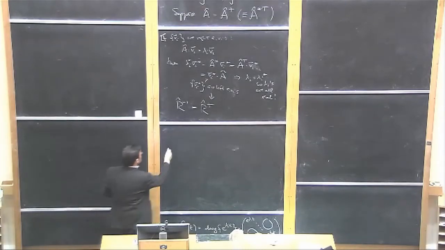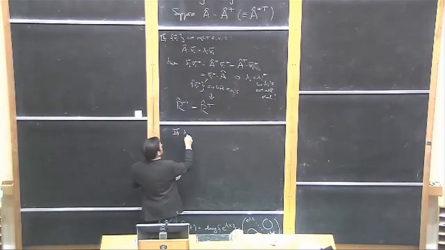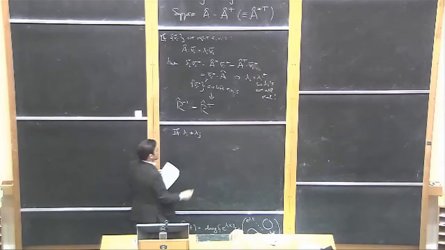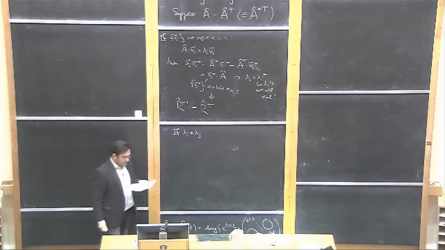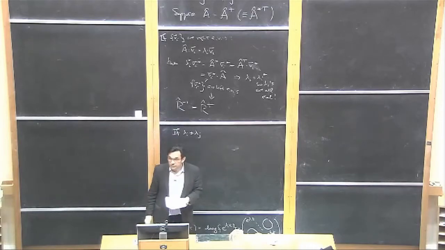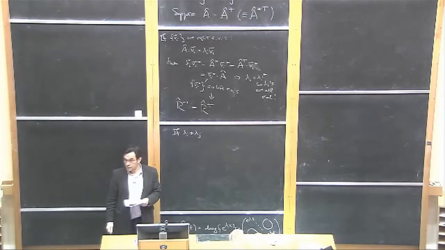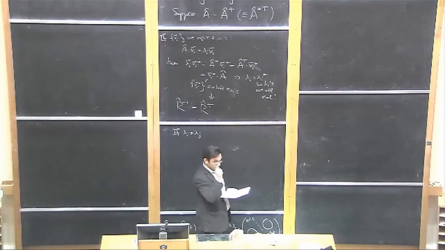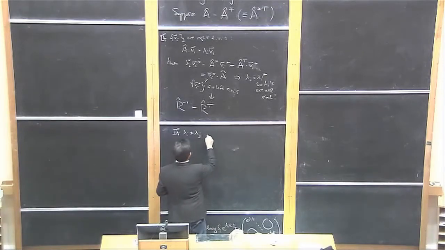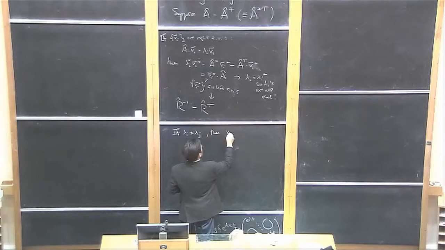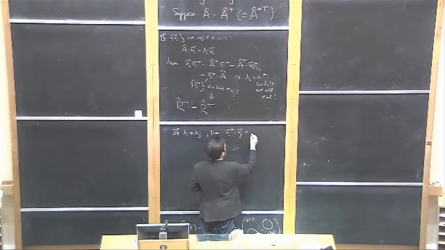Now, if lambda i is not equal to lambda j, then the corresponding eigenvectors of a Hermitian matrix are orthogonal. Did you know that before? I see tentative nods. But that is in vectors and matrices. Then Vi star dot Vj is delta ij.